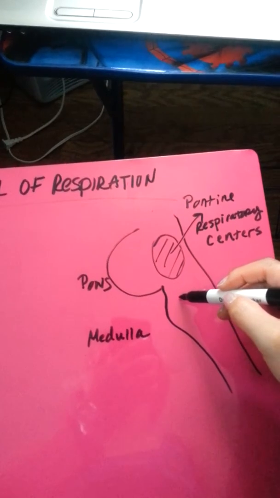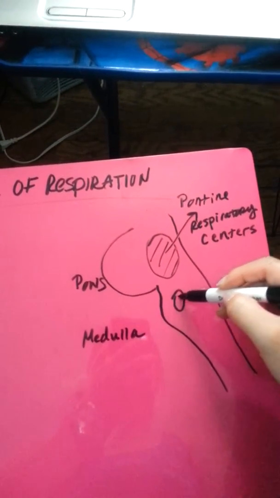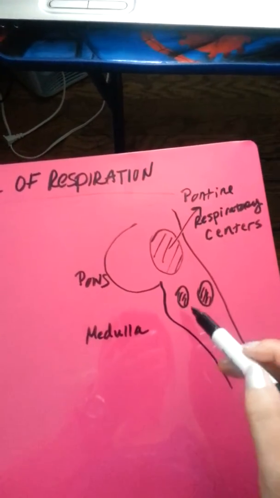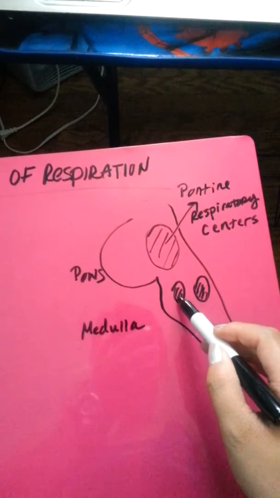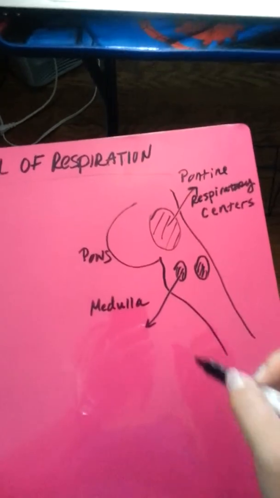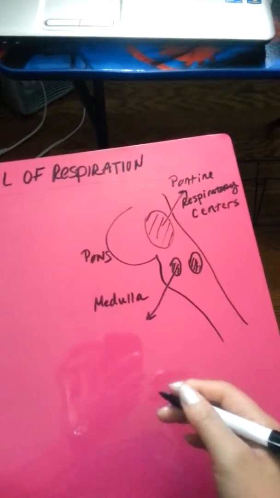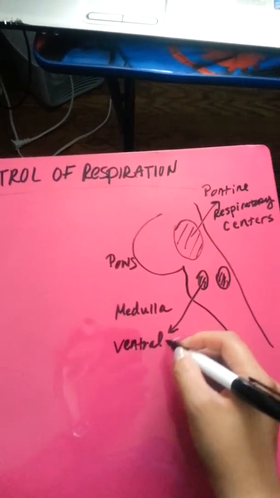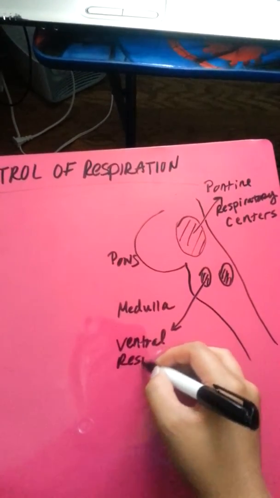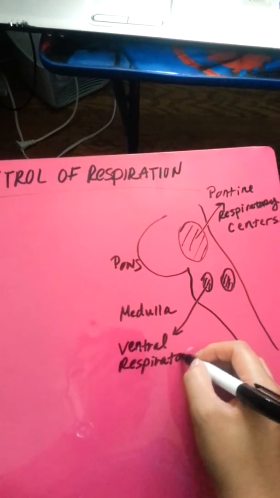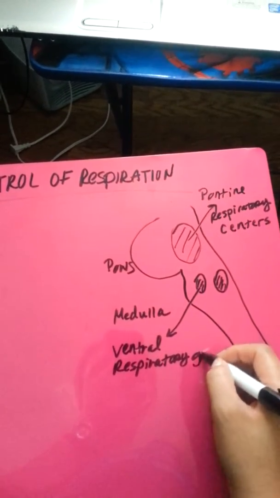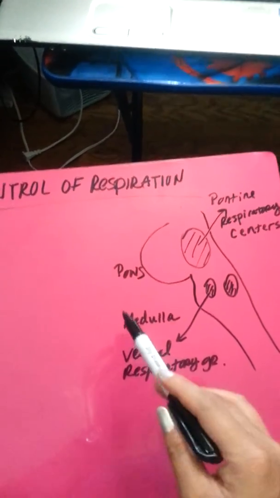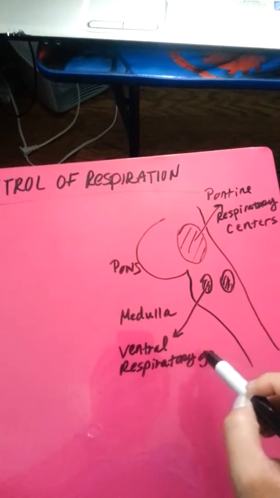We have one that is right here. The other one is right here. This one right here is known as VRG, or the ventral respiratory group. VRG.